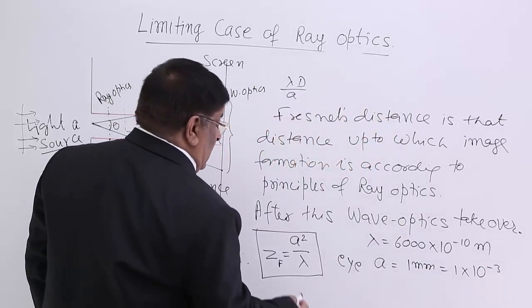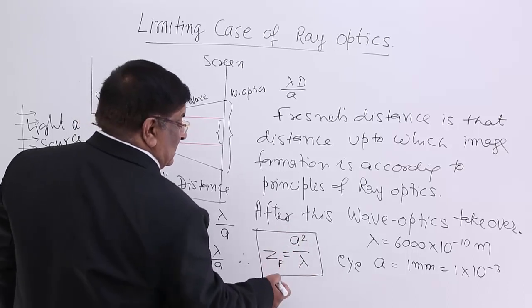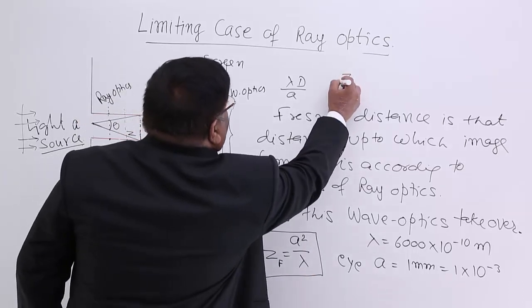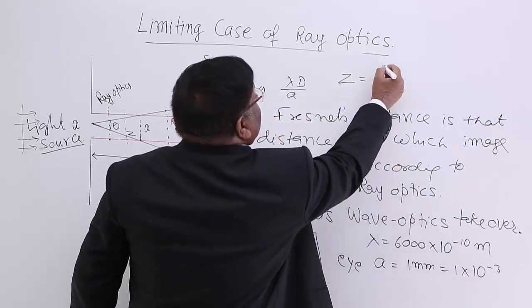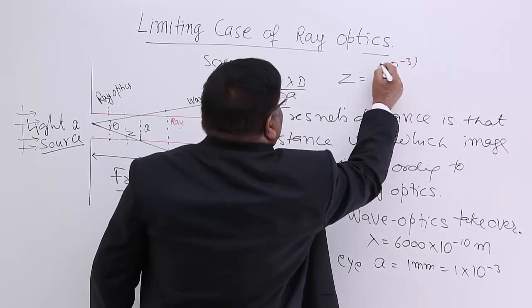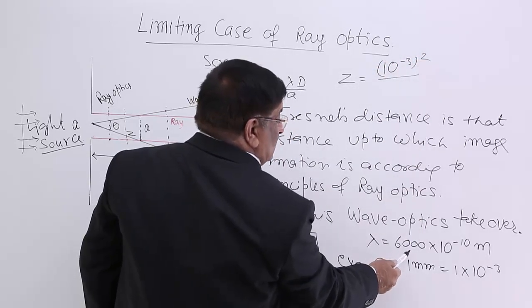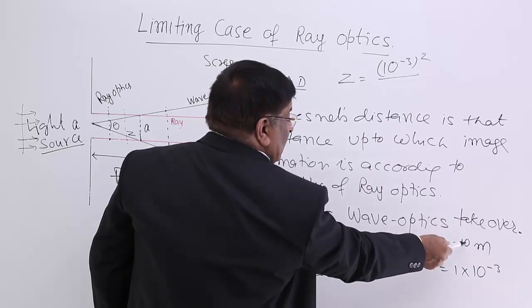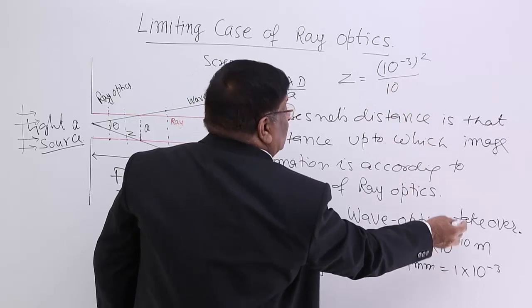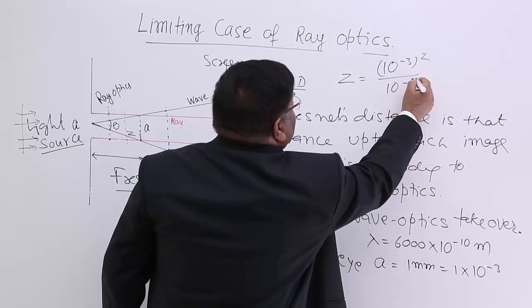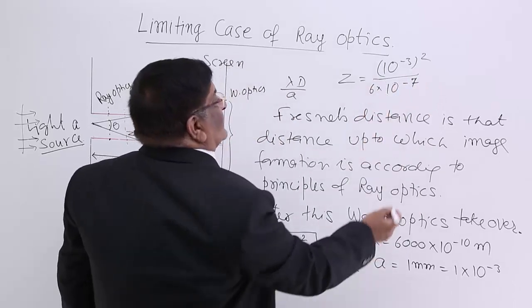So if we put it here, then Z is equal to the square of this, 10 to the power minus 3 square upon lambda, that is 6 into 10 to the power minus 7.